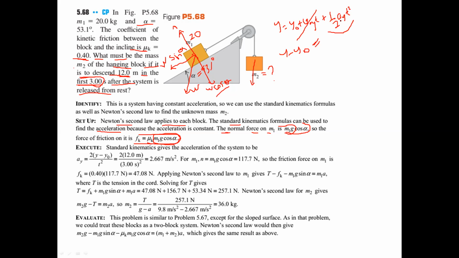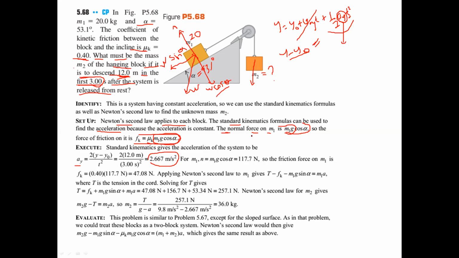From here, you want to find a_y, because you know t here, and you also know this displacement, given as 12 meters, and t here is 3 seconds. From here, a_y will be equal to 2 times (y minus y0) over t squared. From here, your acceleration in the y direction will be this one, okay?